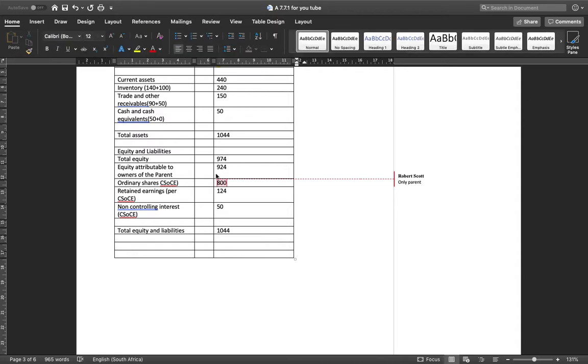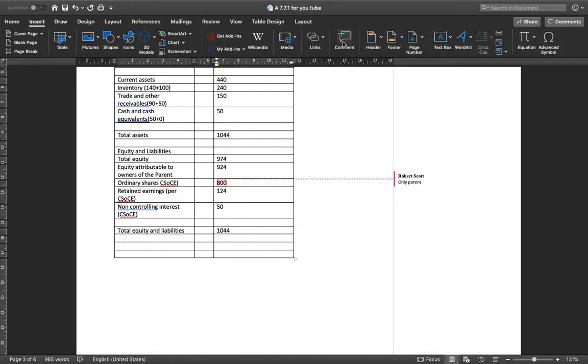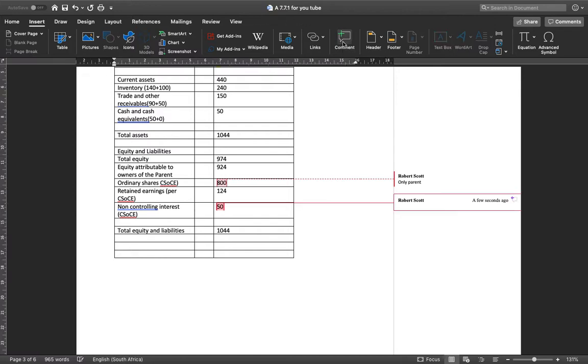Now that non-controlling interest of 50, you'll see that at the bottom right hand corner of your analysis of Sono's equity. That's where you'll find that amount, you just pull it from your analysis.